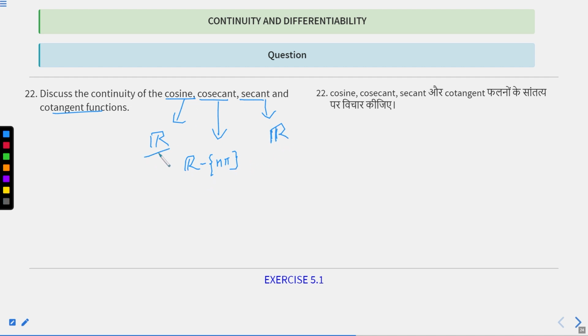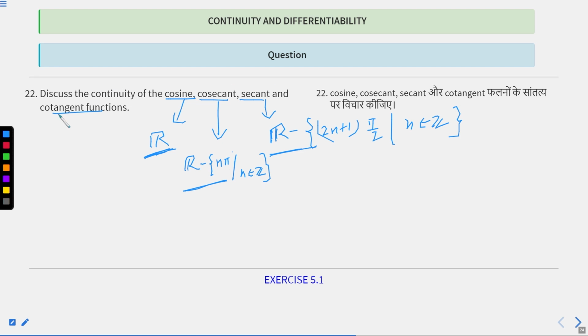Secant is continuous in the domain of all reals except (2n plus 1) pi by 2, such that n belongs to integers. I hope that it is clear.